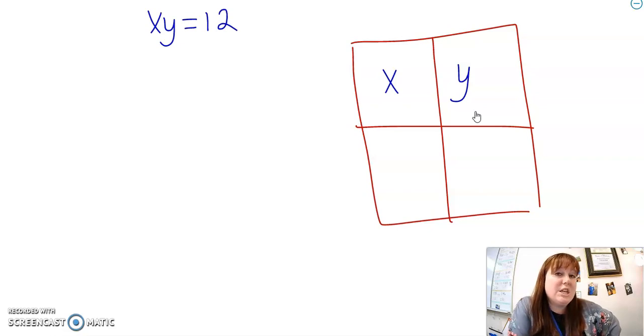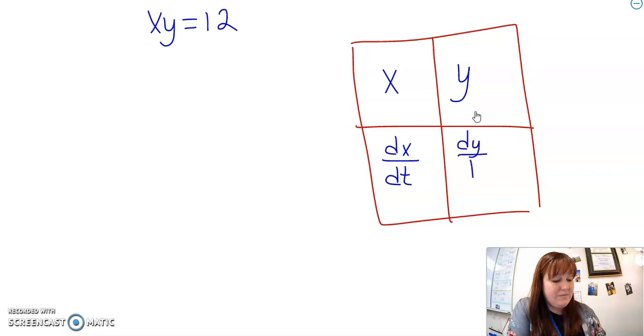But we're not differentiating with respect to x. We're differentiating with respect to t. So this is dx/dt. So the derivative of x with respect to t is dx/dt, or x prime. But in this case, let's write dx/dt because it's a little bit more precise. So we're writing dx/dt, and what's the derivative of y with respect to time? dy/dt. That means the derivative of y with respect to t.